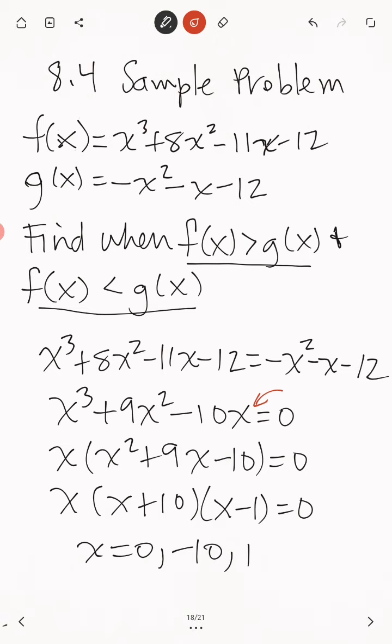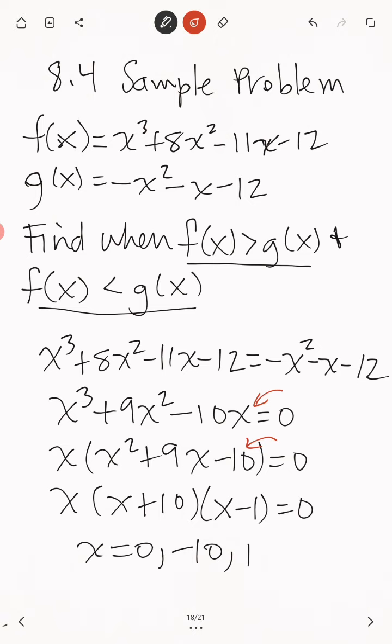Another complication that could occur is that we do end up with a quadratic in here, but it's not factorable. So what would we do then? We would have to use the quadratic formula to get the roots. So one way or another, we need the roots of this polynomial equation. And so you've got to take yourself way back to chapter 2 for that.